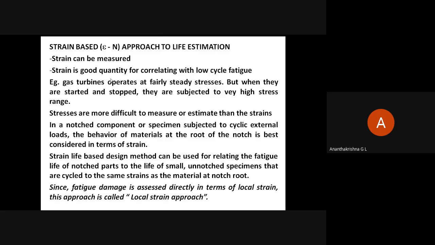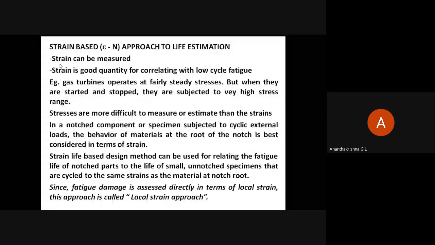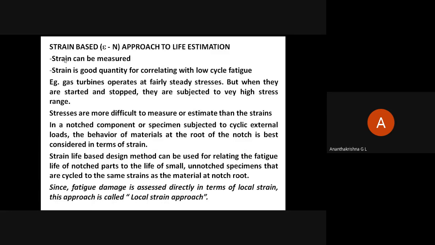Why we adopt a strain-based approach is that strain can be measured. That means it will give us a quantitative measure rather than stress. Stress you cannot get quantitatively. So strain is a good quantity for correlating with low cycle fatigue.